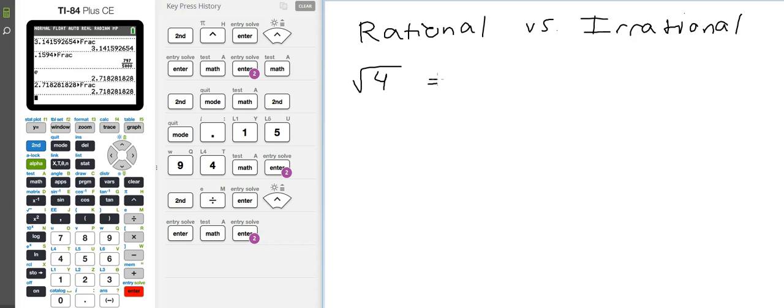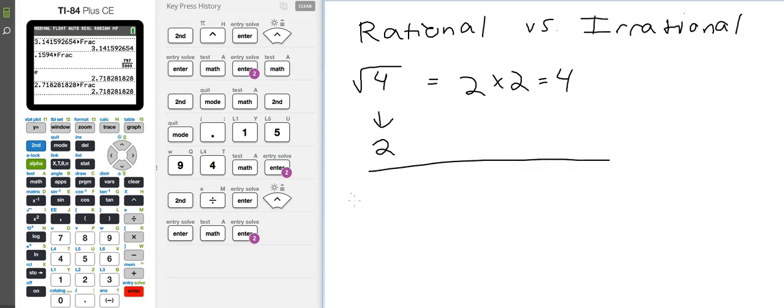And yes, there is. If we multiply 2 times 2, we'll get 4. So the square root of 4 is 2. Another perfect square would be the square root of 36. Because if we multiply 6 by 6, we're going to get 36. The square root of 36 is 6.